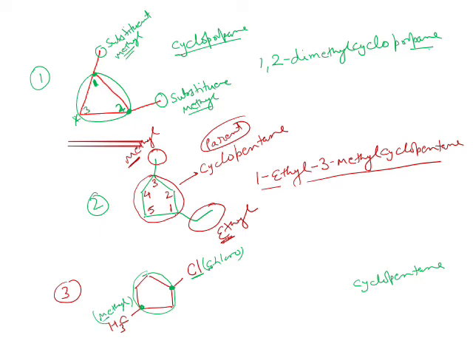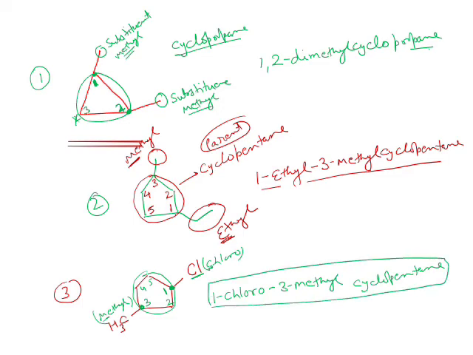So C comes before M, so you have to write 1 over here, then 2, 3, 4, 5. So the name will be 1-chloro, 3-methyl, cyclopentane. So these are a couple of examples that you can use and then practice more examples. This is just an overview of how you name any cyclo compound.